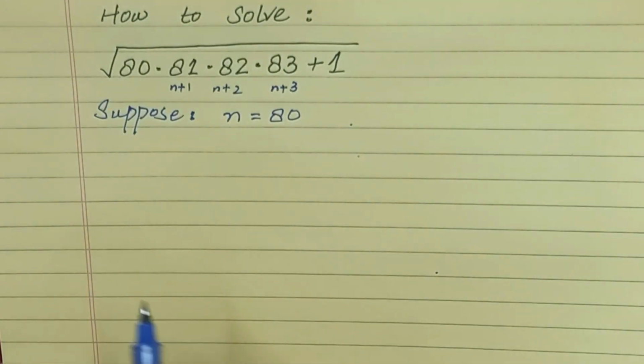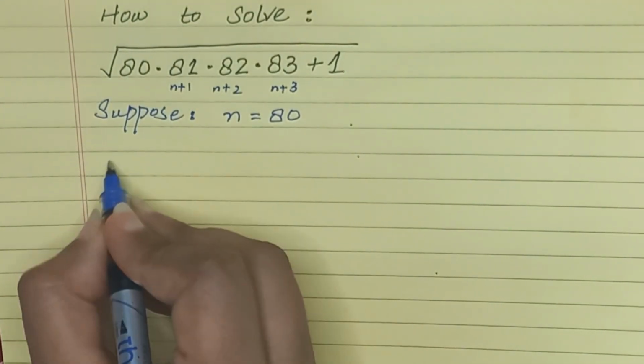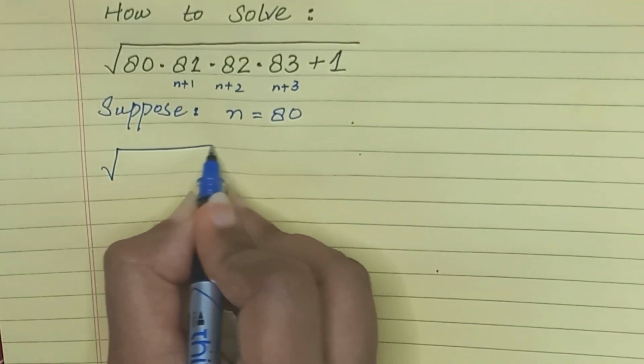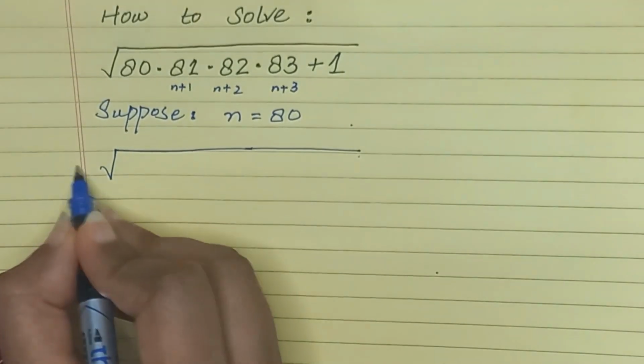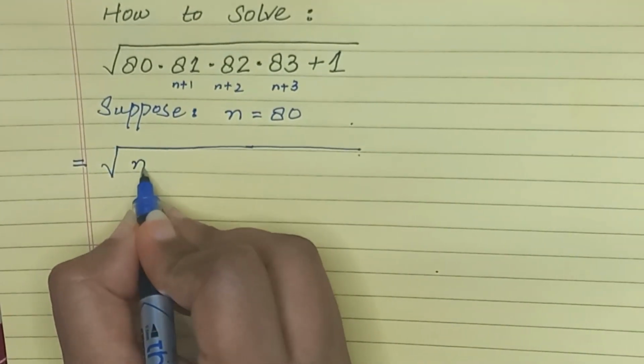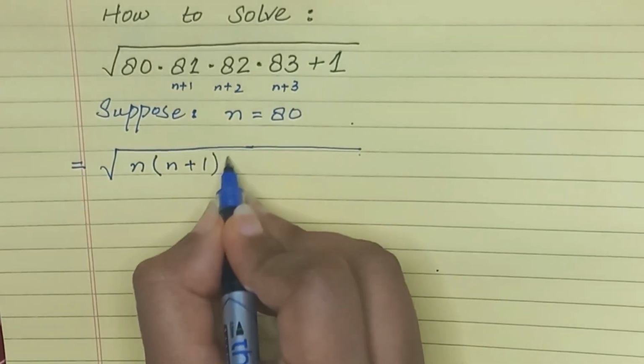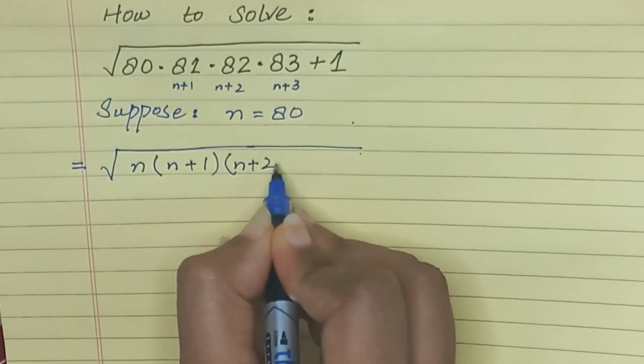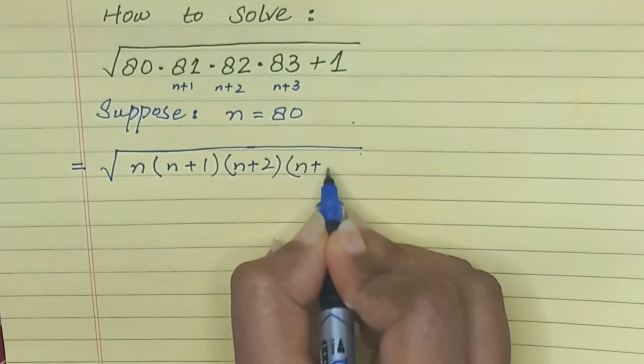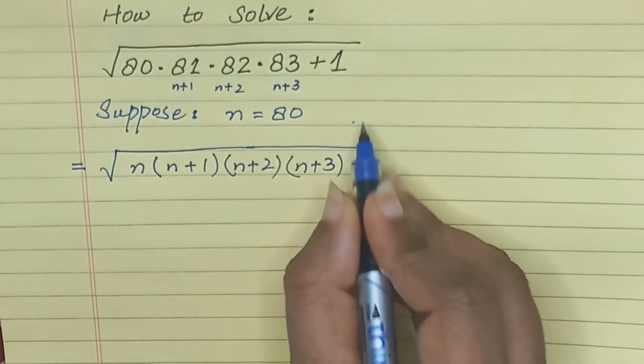So the given expression will be equal to n into n plus 1 into n plus 2 into n plus 3 and plus 1.